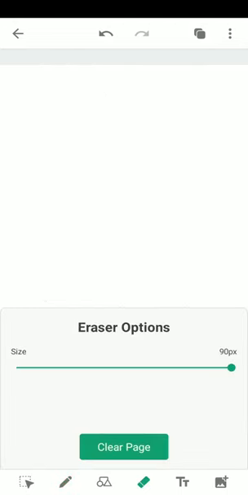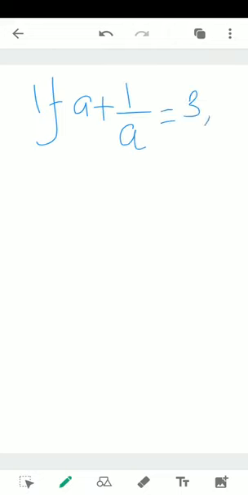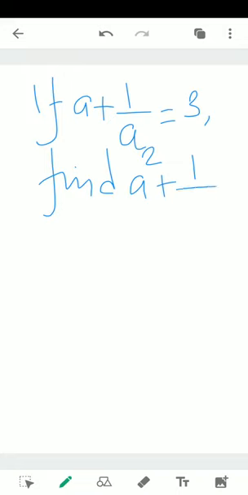So let's start. I have one problem over here which says, if a plus 1 by a equals 3, find a square plus 1 by a square.